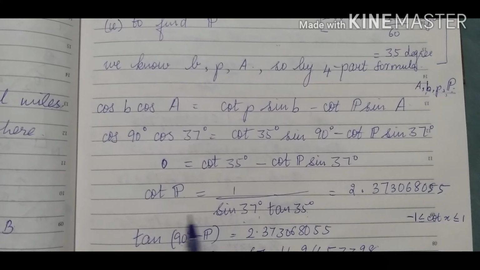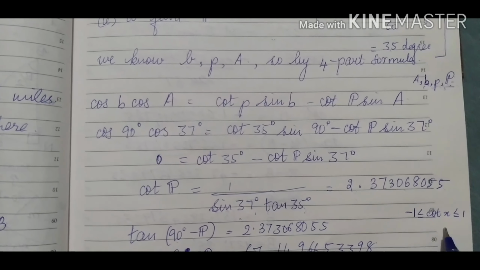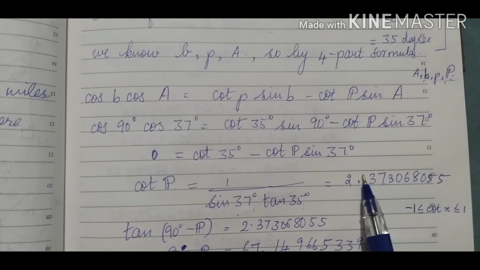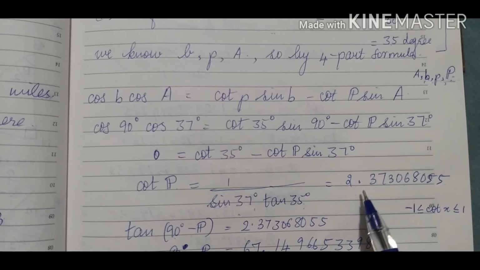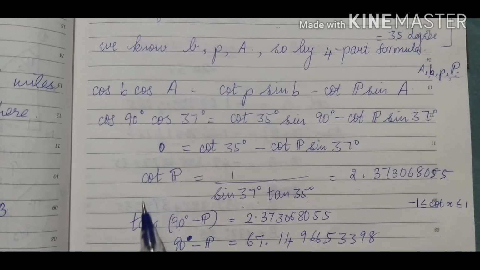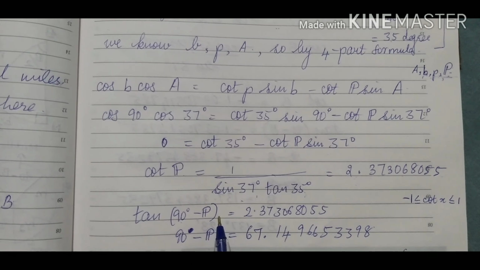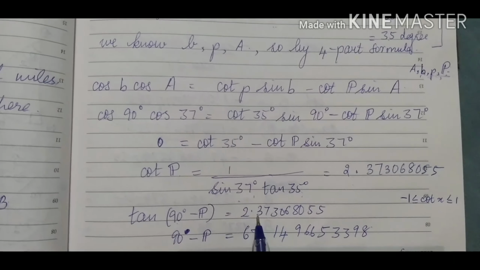This cot value always lies between -1 and 1, but we have here a value greater than 1, 2 point something. So what we have to do is write this cot in terms of tan. So I'm replacing it as tan of 90 minus p is equal to the right-hand side.